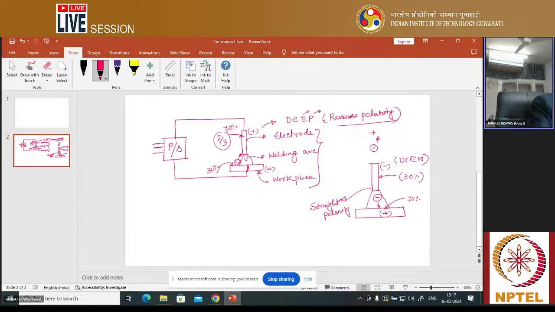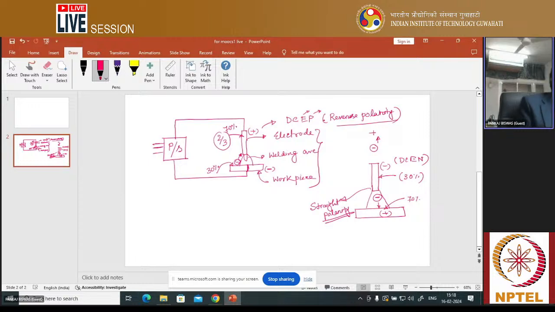What I'm telling, understand? That means if the flow of electrons is towards the arc direction, towards the workpiece, then that is generally called straight polarity. And if the flow of electrons is opposite to the direction of the workpiece, then that is called reverse polarity. You should keep this in mind.